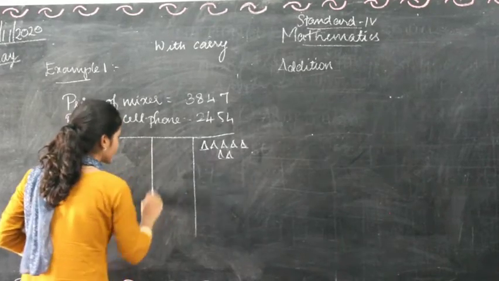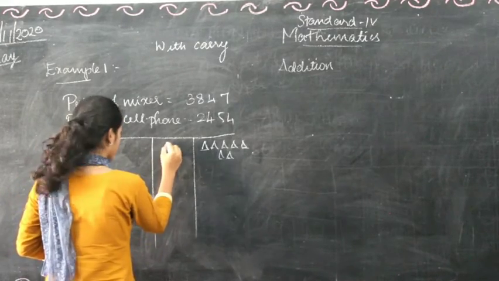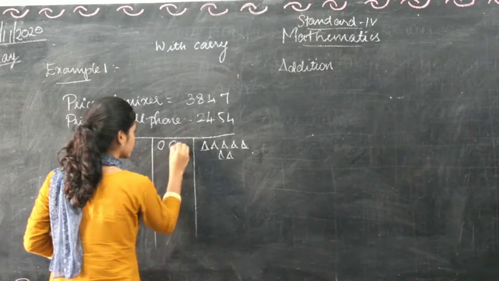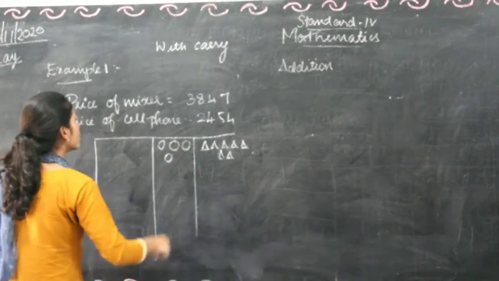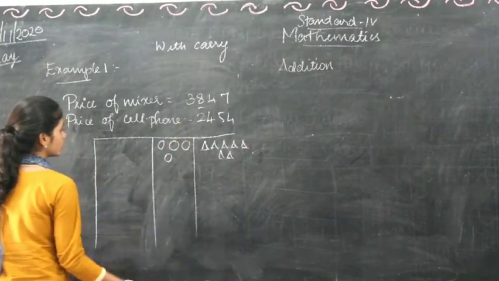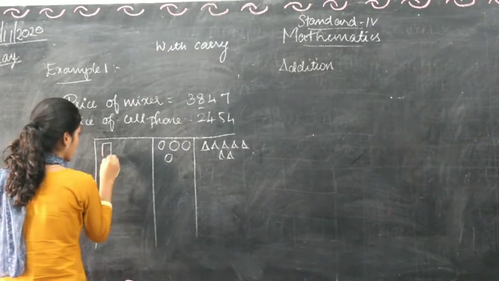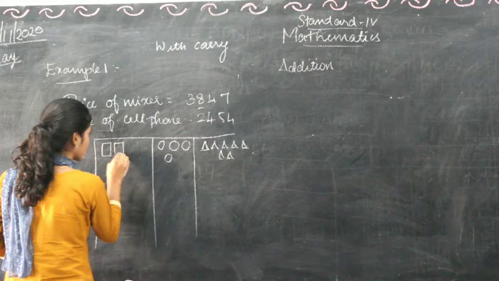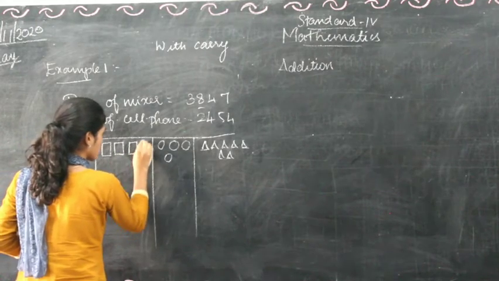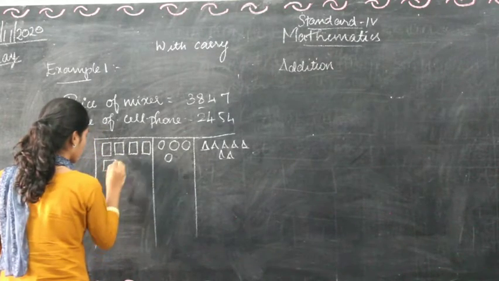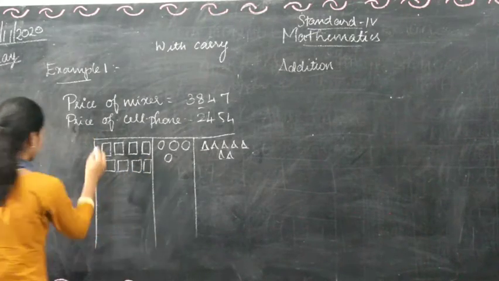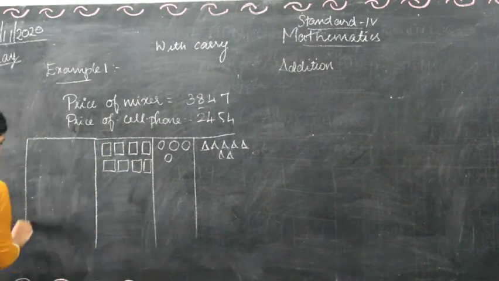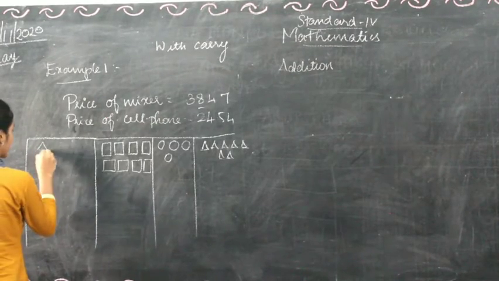Then tens with circles, and then hundreds with squares, and then thousands with a diamond shape.